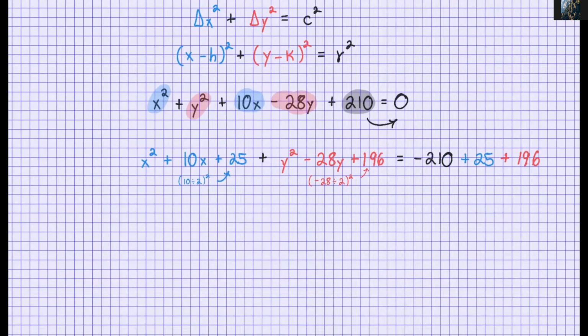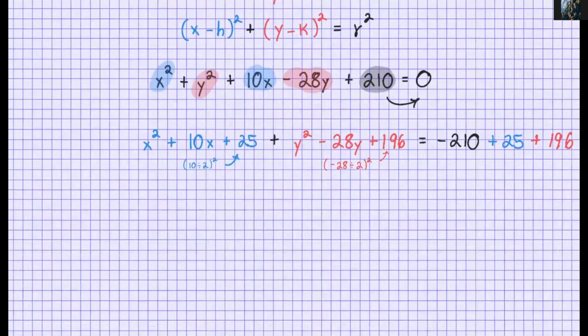And now I have this perfect square trinomial that I can rewrite by factoring it into a binomial squared. And I will do the same for this one right here. I'll just rewrite it in this way. By putting these numbers in the calculator, I will end up with my radius squared.